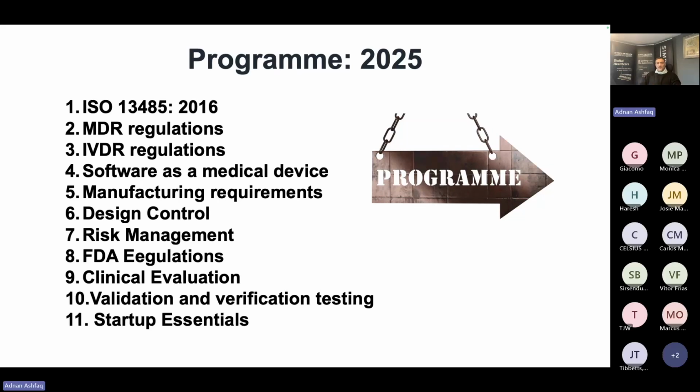We will be looking at ISO 13485, the EU MDR, IVDR regulations, software as a medical device, manufacturing requirements, design control, risk management, FDA regulations, sorry, that's a typo, clinical evaluation, validation and verification testing, and startup essentials.